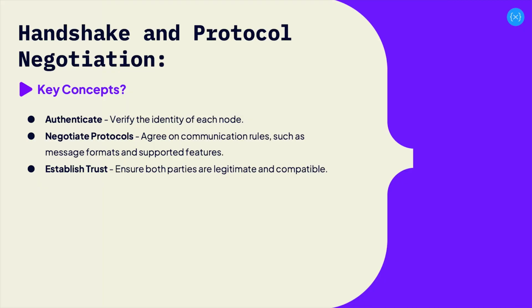Once a connection is initiated, a handshake process occurs. This is a mutual exchange of information. The first step is to authenticate, to verify the identity of the node; to negotiate protocols, or agree on the communication rules, such as message formats and supported features; and establishing trust, which ensures both parties are legitimate and compatible.